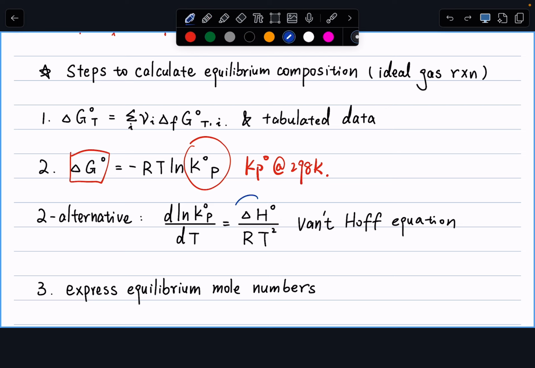Scenario 1, your delta T, the change of temperature, is small. Let's say the delta T is smaller than 300 Kelvin. Within this range, we can assume that delta H naught is independent of temperature.